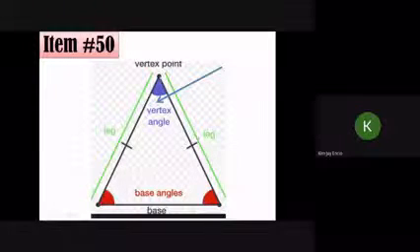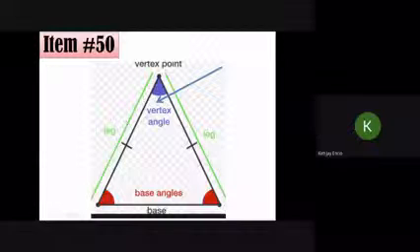If this is the vertex point, an isosceles triangle is a triangle with at least 2 equal sides. Take note also that an equilateral triangle is also an isosceles triangle. So let's say for now that it has exactly 2 equal sides.